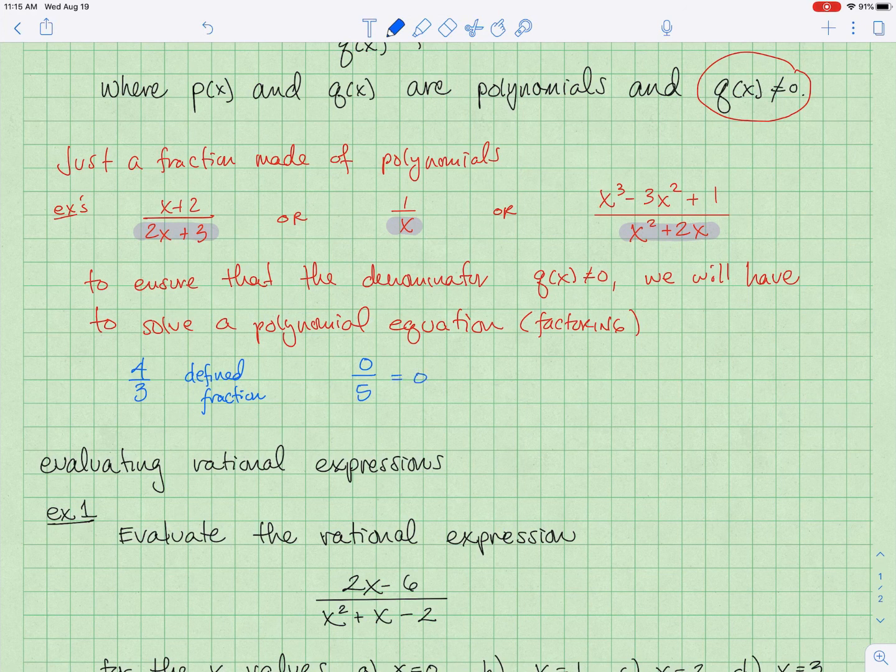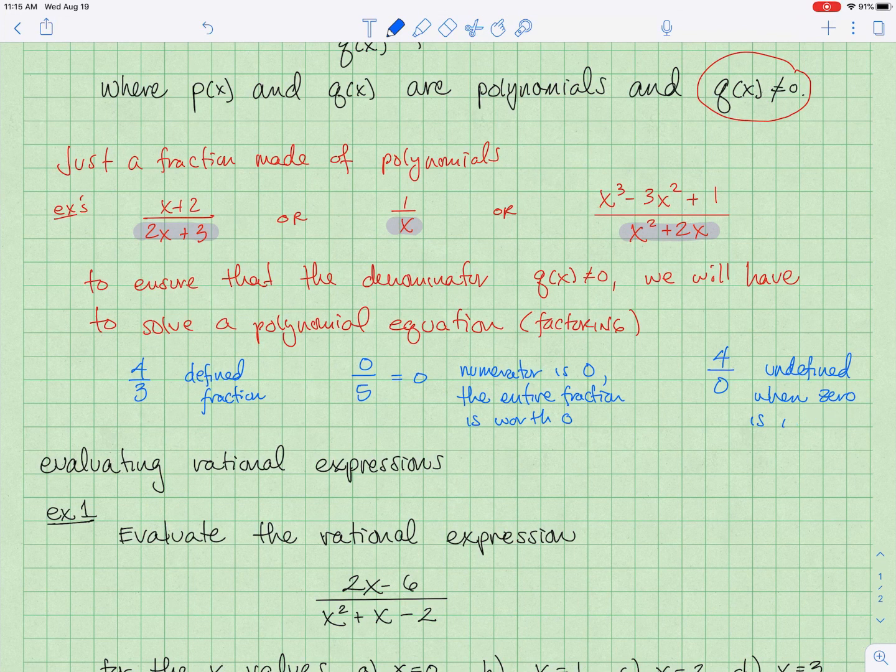0 over 5 is 0. So specifically here, when the numerator is 0, the entire fraction is worth 0. And then finally, if you have something like 4 over 0, this is undefined when the denominator is 0.